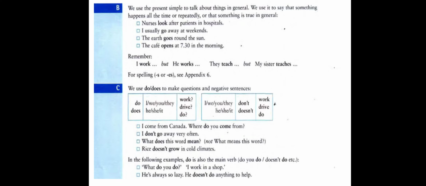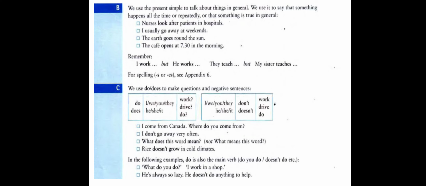So the yes or no question here is, do you come from Canada? And we ask about Canada, a place, so we ask using the WH question word where. So we add where before the yes or no question and erase Canada. It becomes where do you come from?